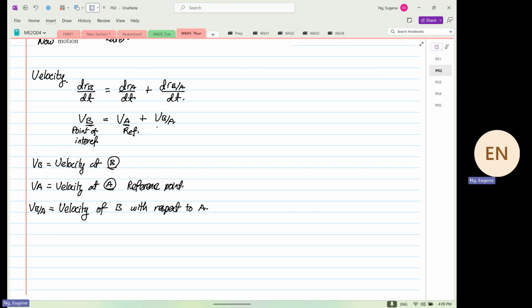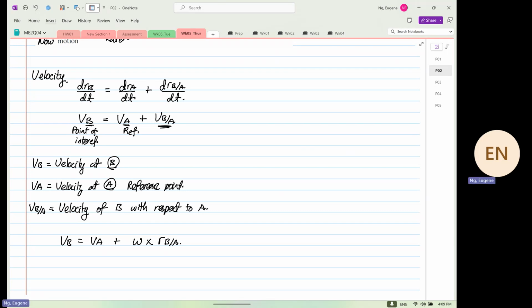We know there's a rotation. This is basically a rotation. Okay. So we know finally the form is equal to VB, not plus, equal to VA plus omega cross RB over A.